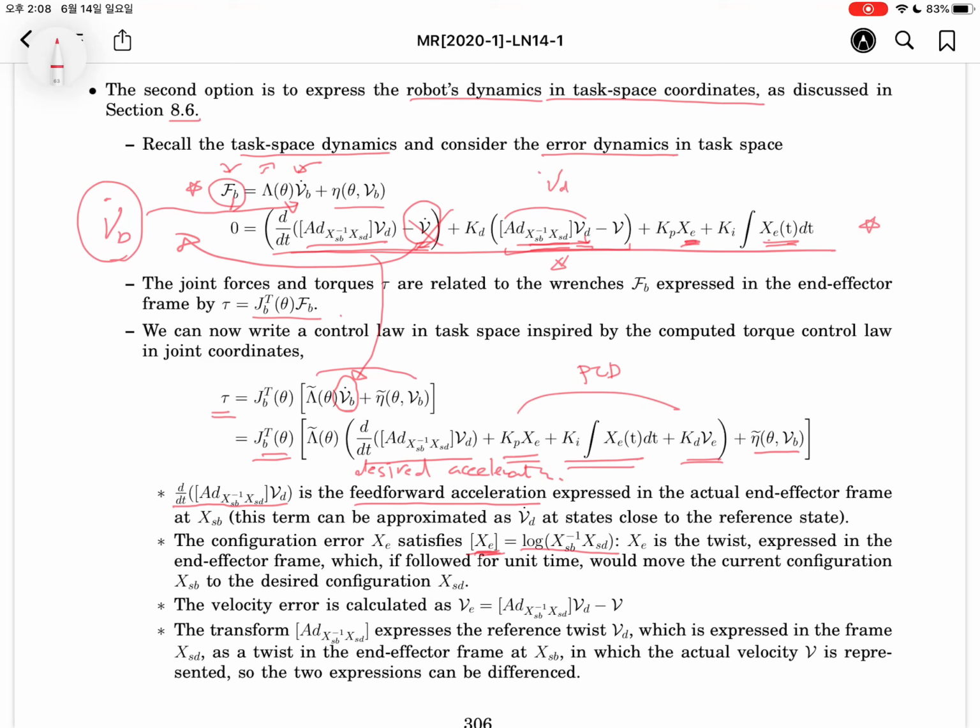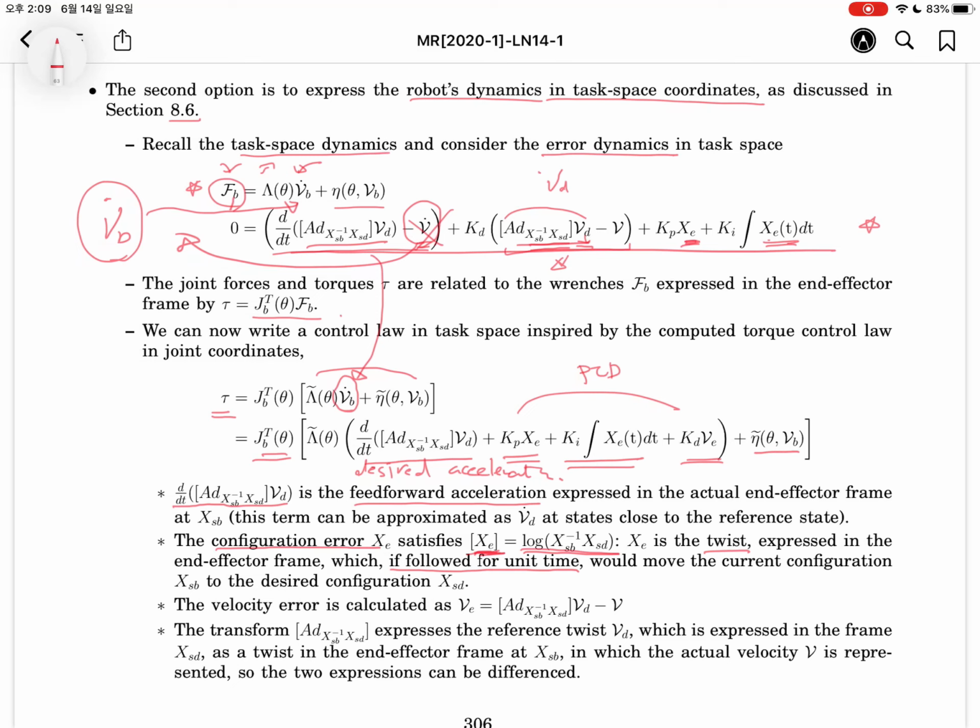And then the position error X_e belonging to R6 satisfies this logarithm matrix. Actually, the X_e is the twist expressed in the end effector frame. If followed per unit time, the unit twist is obtained, and that will be used to describe the error.